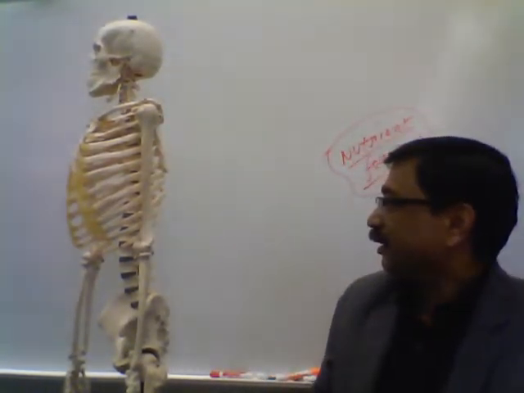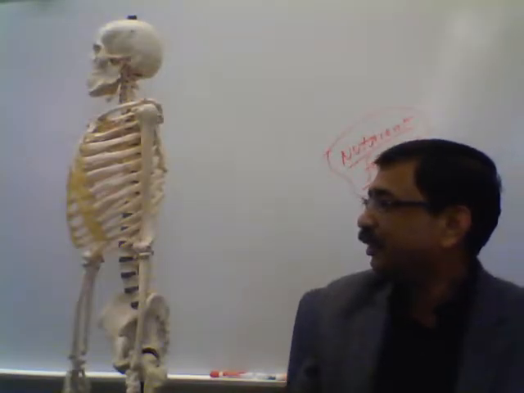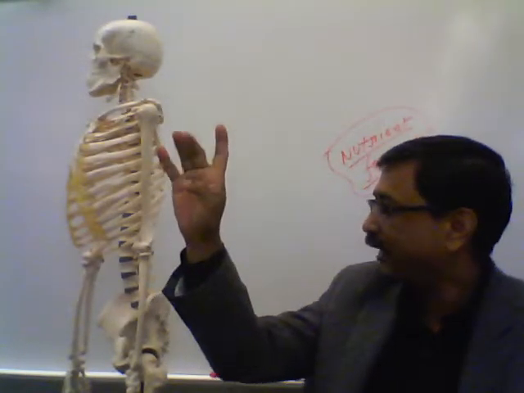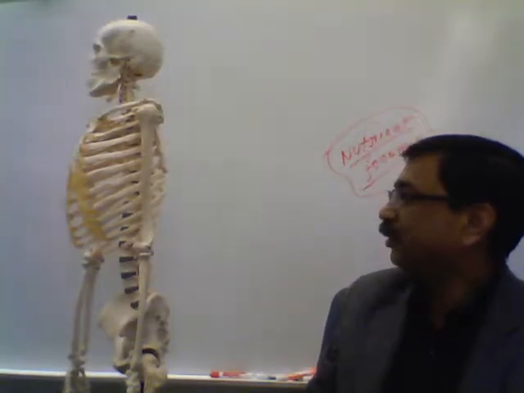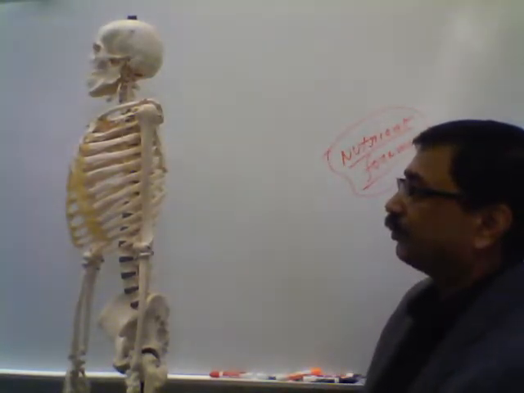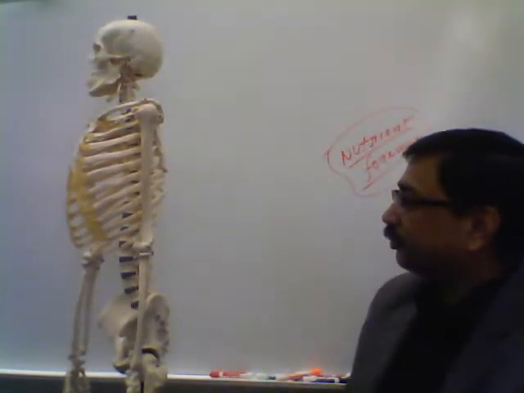Here you see 7 tarsals, 5 metatarsals, and 14 phalanges. Phalanges are divided into 3 rows: proximal, middle, distal, like your fingers. But in your big toe, you have only 2 phalanges, proximal and distal.